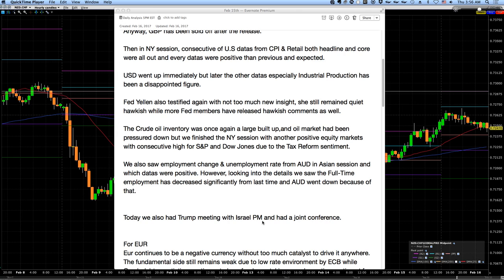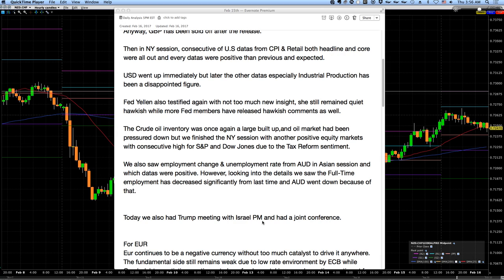As I keep mentioning, if by the end of this month the next GDP report comes out as another negative data, then there is a higher and higher possibility for the RBA to cut the interest rate. I know the RBA is very, very hawkish right now, and that's why I am personally long in some Australian dollar trades.